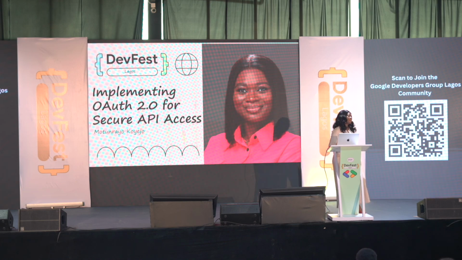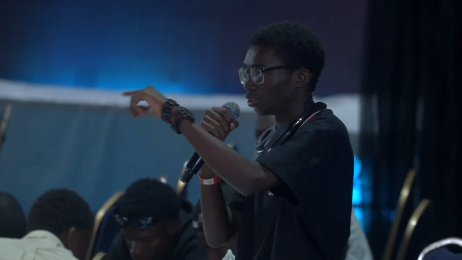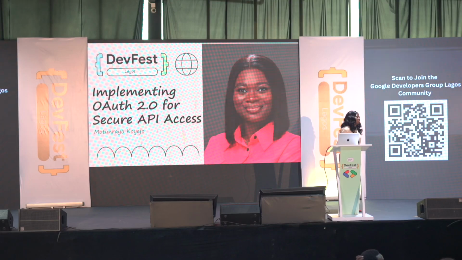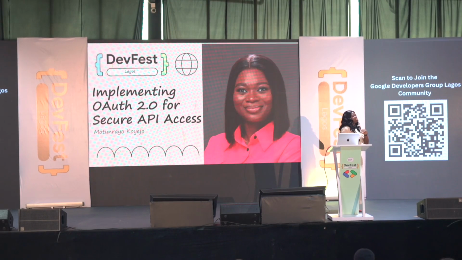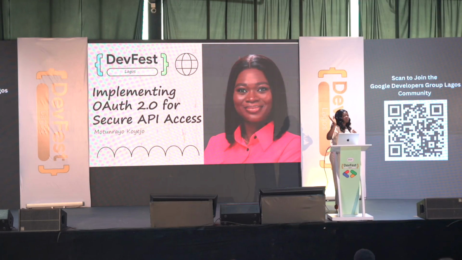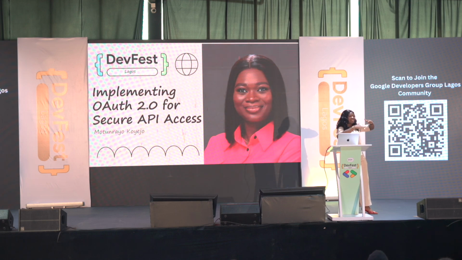My question is, if you decide later on that you don't want to use OpenAuth, is it possible to still log into that website? When you are logging into a website, there are two ways. Some will say create your username and password, and then underneath you will still see continue with Google. If you continue with Google, it means you have chosen to register using Google.